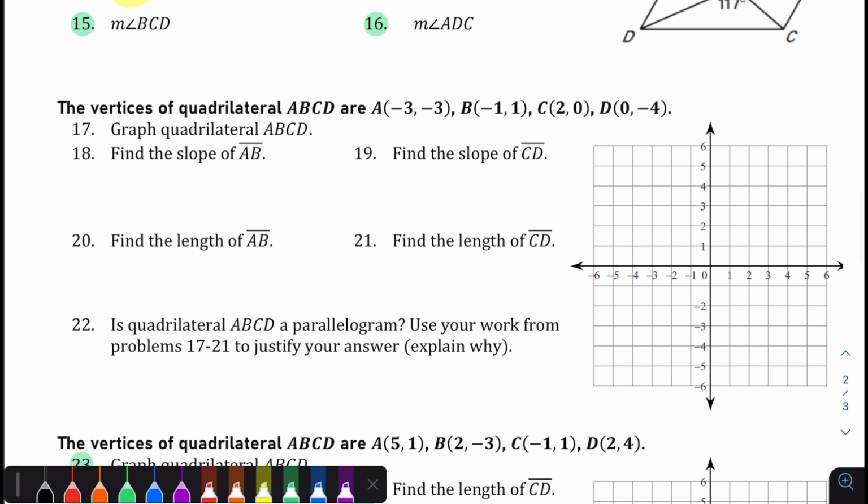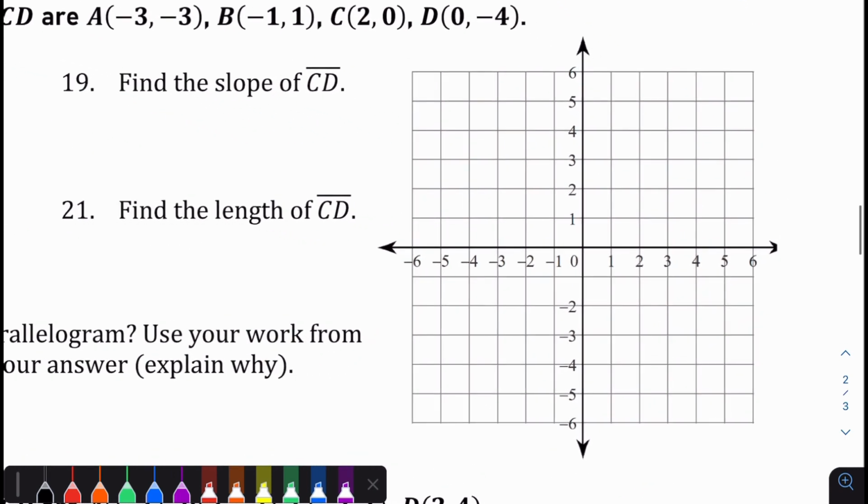All right, 17 through 22. Question 17 says graph the quadrilateral, and here are the vertices that we're given. So let's plot each of those. I'm going to do this in blue so it shows up a little bit better.